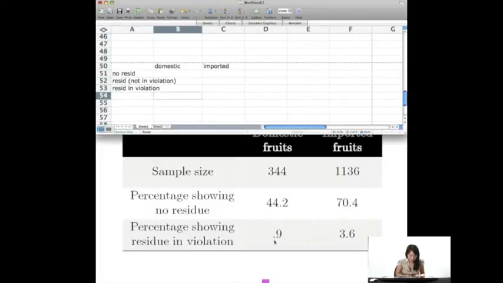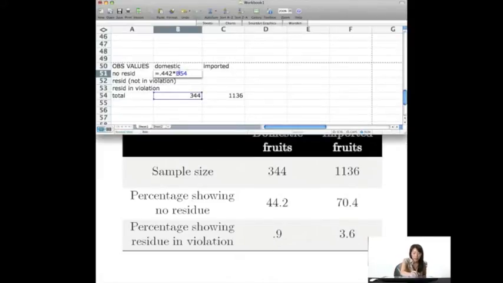But they do give you the sample size, 344, as well as 1,136, right? So this is the total. The question is, what are our observed values? Well, in order to find the observed value, all we have to do is multiply the proportion, so 44.2% times the total, right?